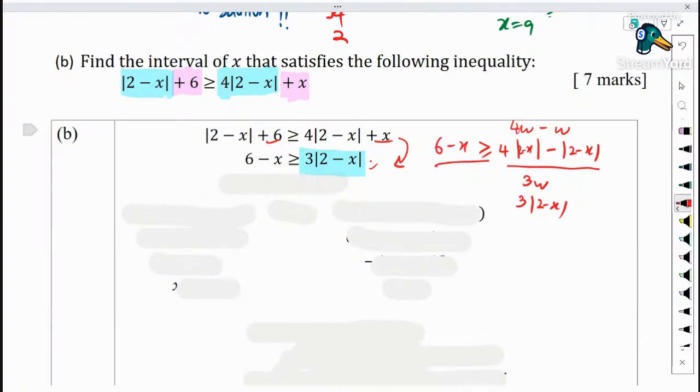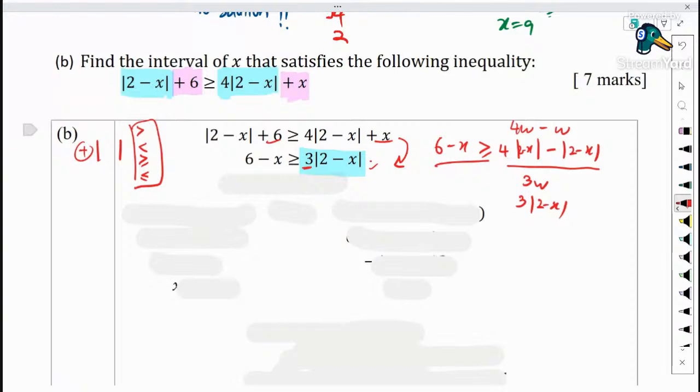Reaching here, you see the coefficient of modulus is positive, but you don't define into two cases at this moment. We always want the modulus term on the left. I don't care which inequality sign follows, but the modulus must be on the left and come with a positive coefficient.